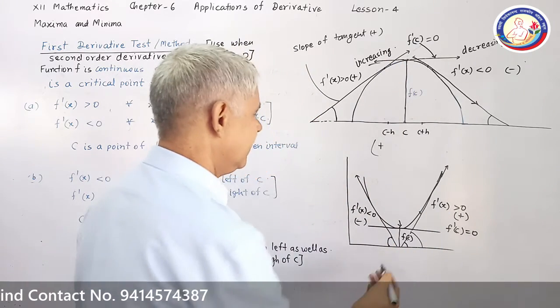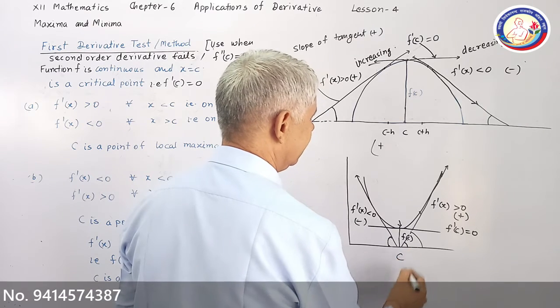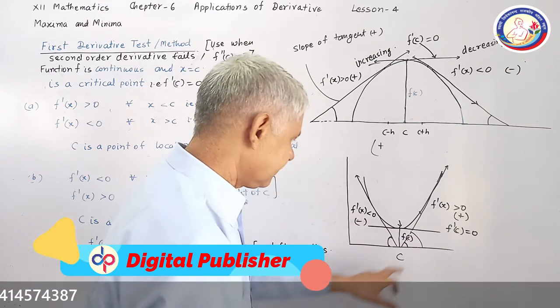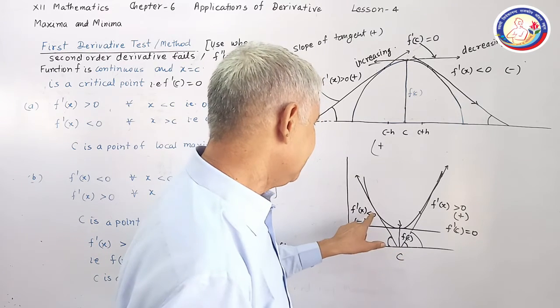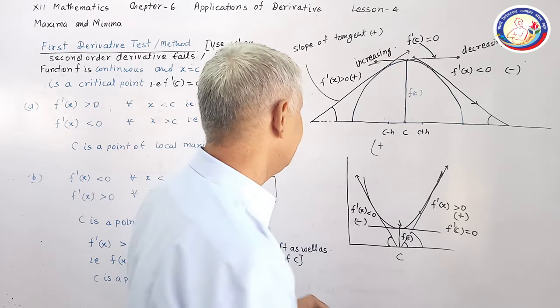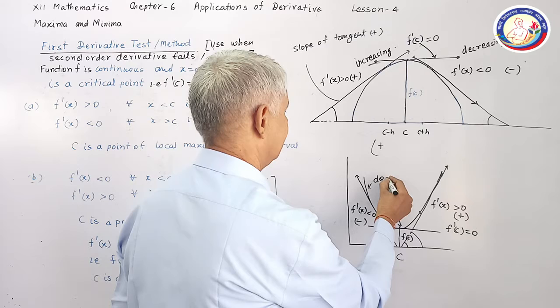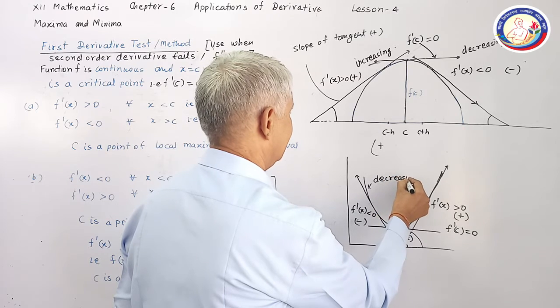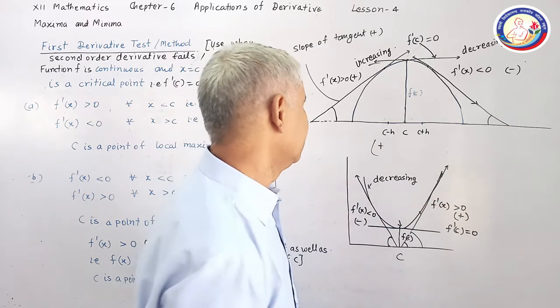Similarly, for values less than c, this is c here, in the neighborhood of c, if the tangent is making a negative angle, then first it is decreasing. And after c, it increases.